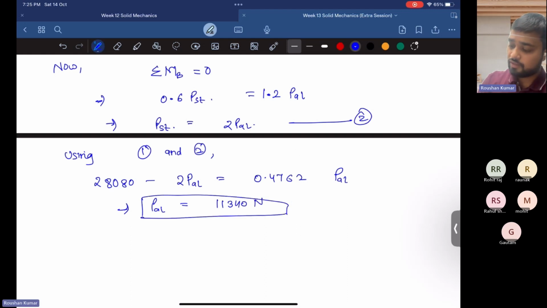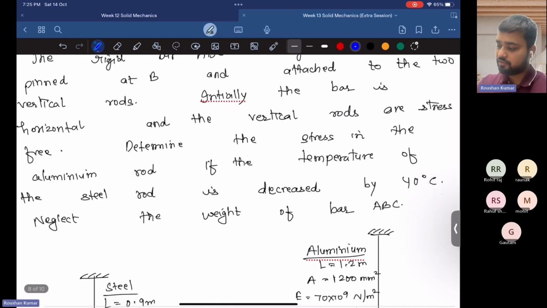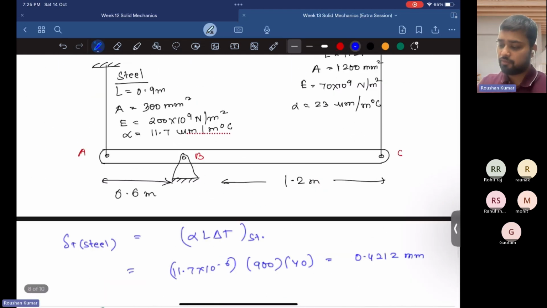Now we have to calculate the stress. What is the question here? We have to calculate the stress in the aluminum rod.